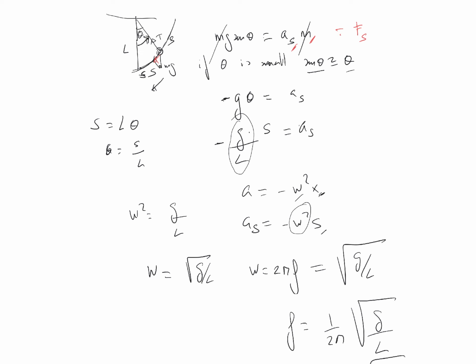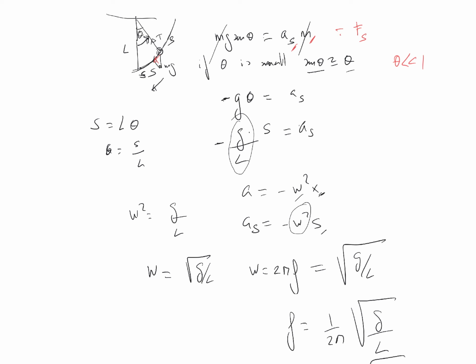This is theta, this is mg, and this is mg sine of theta. So if theta is small, sine of theta is equivalent to theta, for theta very, very small, for theta less than 1, in radians, of course. If you test it in your calculator and put sine of 0.1, sine of 0.1 will be 0.1.